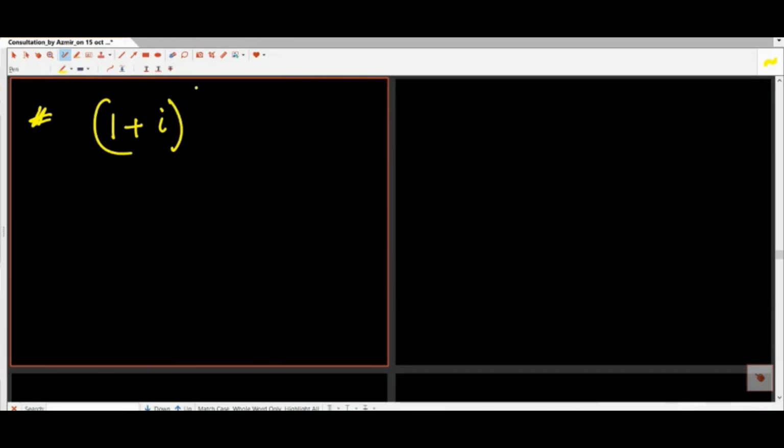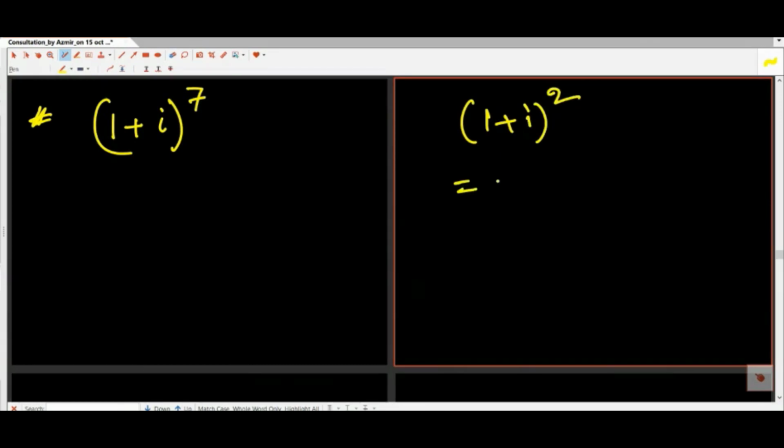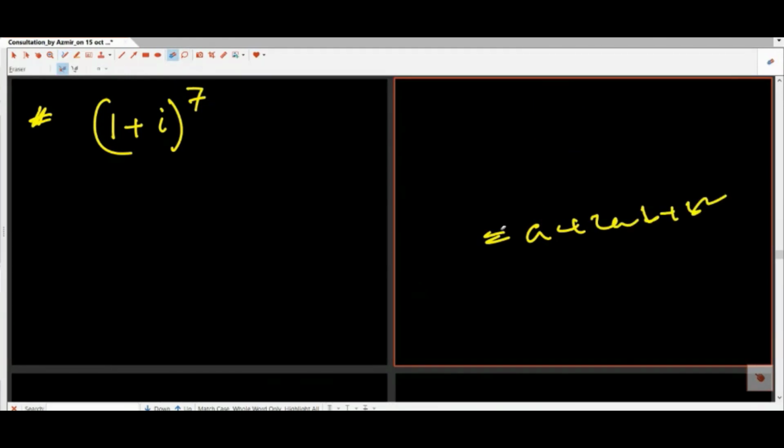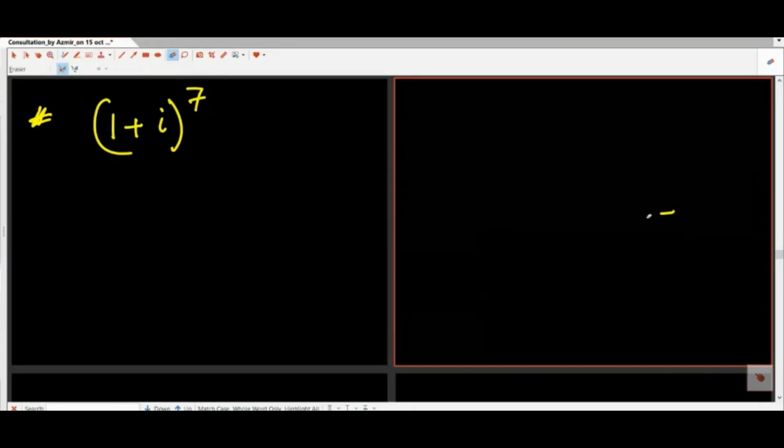with power 7. If we have 1 plus i squared, we can easily apply the (a plus b) squared formula, that is a squared plus 2ab plus b squared. This is easily done. But if we have a higher power, then what can we do?